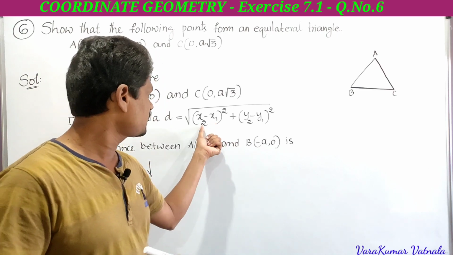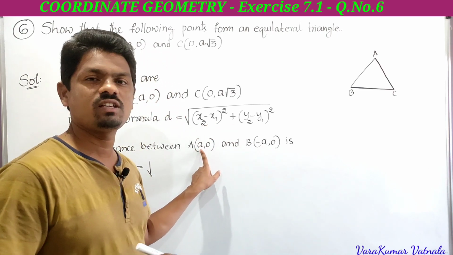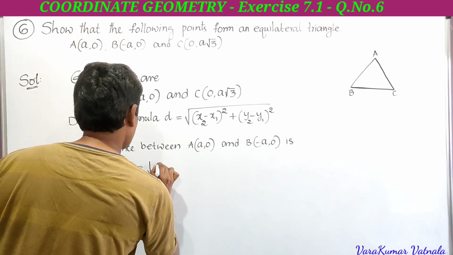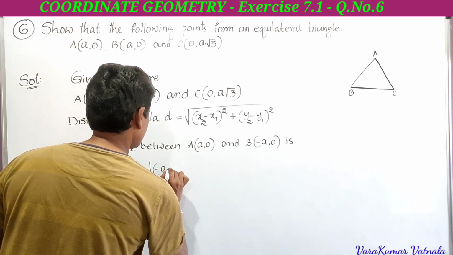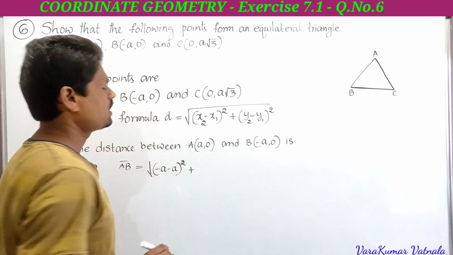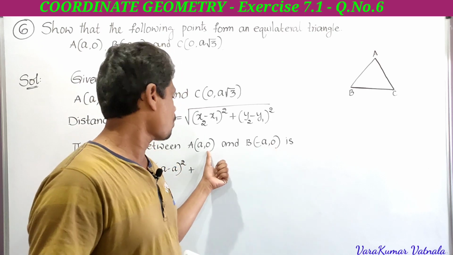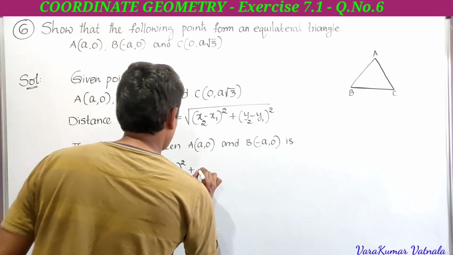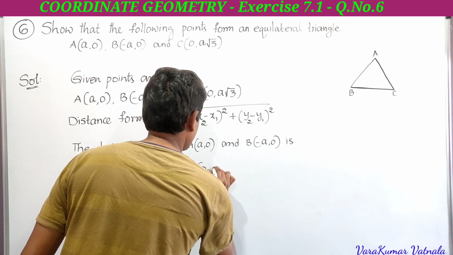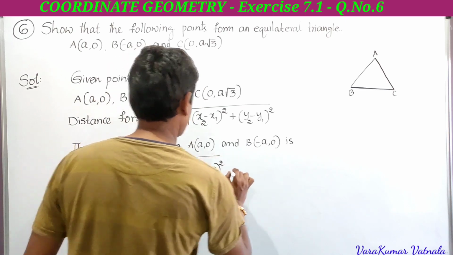So x2 minus x1 whole square: here x2 is minus a, x1 is a, so (-a - a) whole square, plus (y2 minus y1) whole square. y2 is 0, y1 is also 0, so we get (0 - 0) whole square.